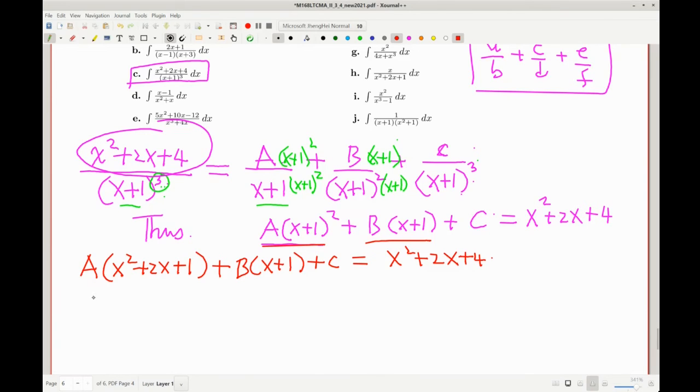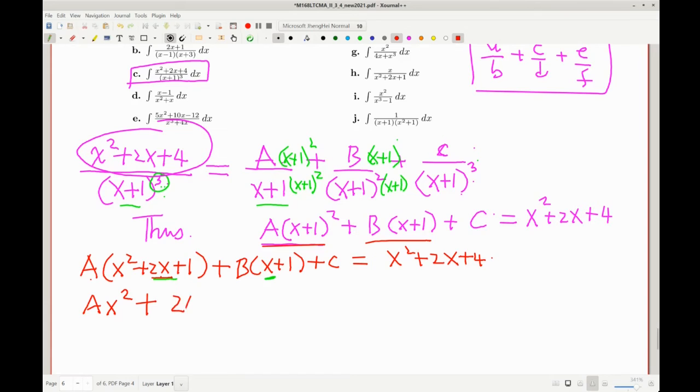Now I will try and combine. I will get ax squared. So I'm multiplying out the left hand side. And then I will multiply a times 2x here, but I have b times x, so I'll combine those as well. So I'm looking at the coefficient of x squared, and the coefficient of x.